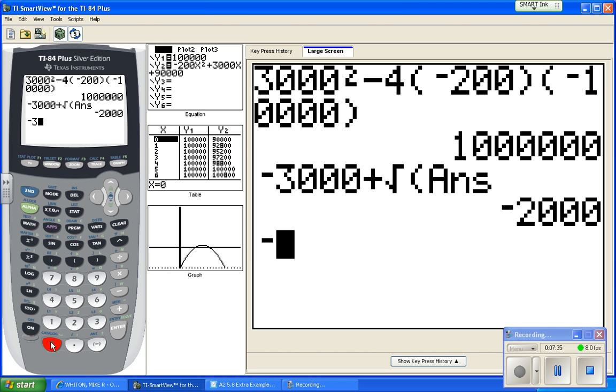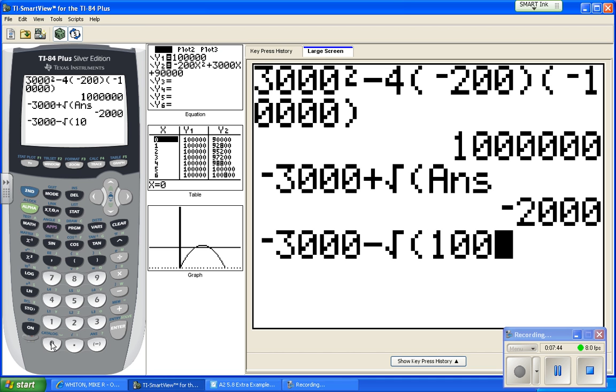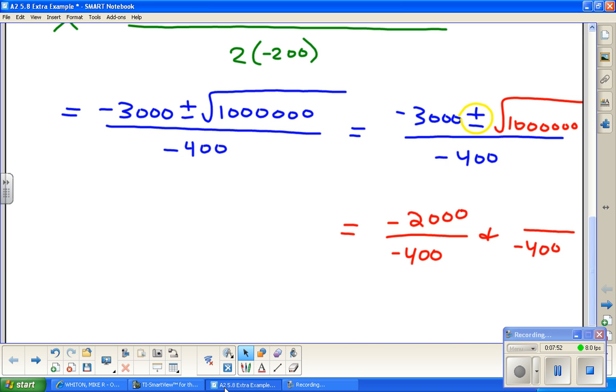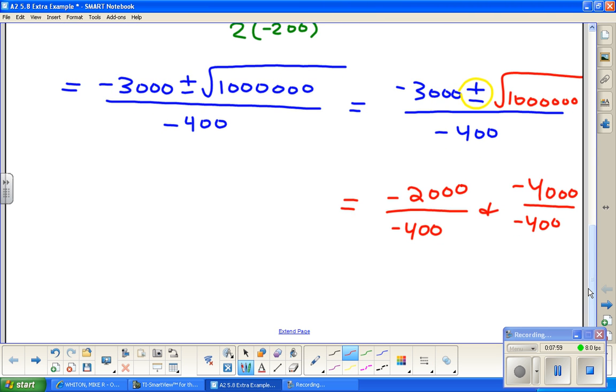This time I'm going to have to type it in. The other numerator is negative 4,000, so that's this number over here. And now we have 2 little division problems, so we can get our 2 answers.